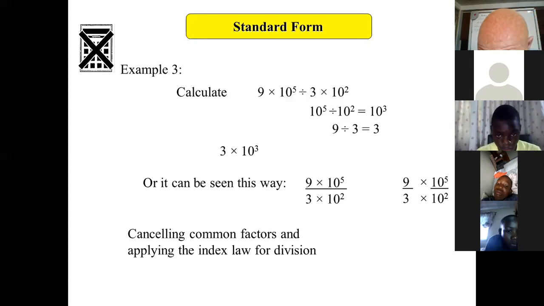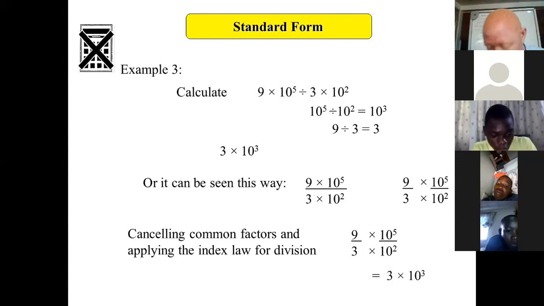When you cancel common factors and apply the index law of division, don't forget that, this will give you 3 times 10 raised to power 3. I'm going to pause for a few seconds here so that you can also check. The second part is to show another way you can get it done when it is division.